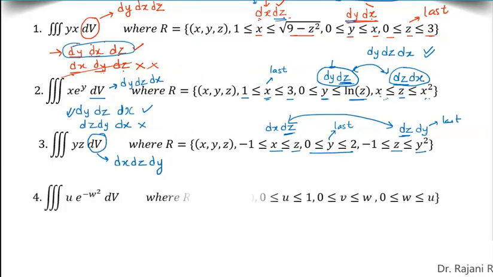Okay. Now, last example. I change the variable from x, y, z to u, v and w. Yes, it will work on the same basis. No need to get worried. Check for u. Both are constants. So last. V in terms of w. So dv, dw.